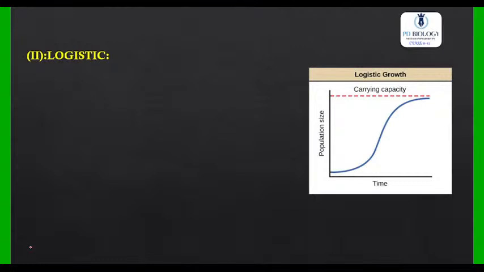In logistic growth, the resources, the food and space of the habitat, are limited.